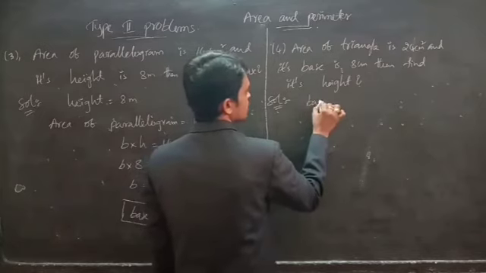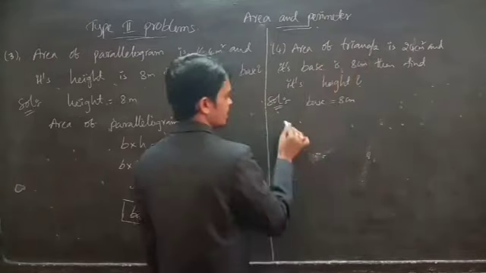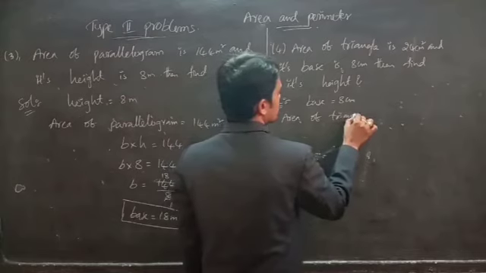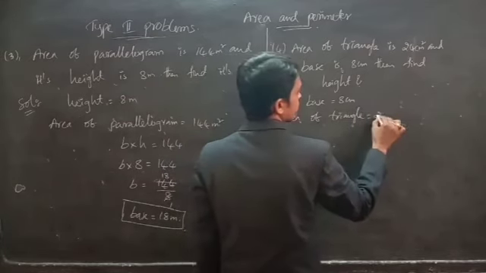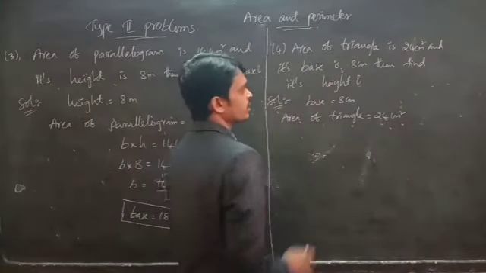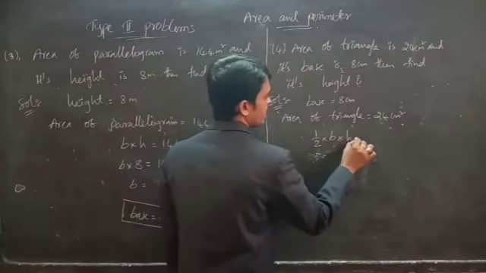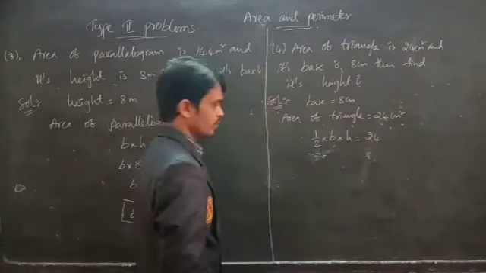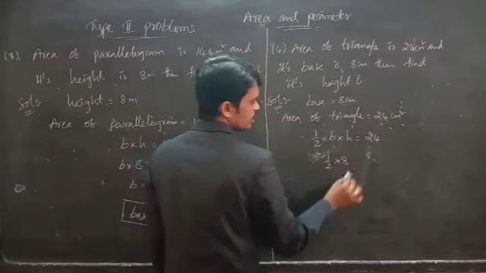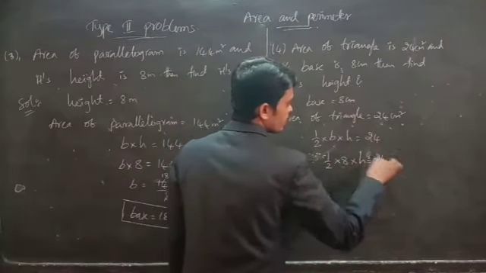Base is given as 8 centimeters, and the area of the triangle is also given, 24 centimeters square. The area of triangle formula, we know, is half into base into height is equals to 24.